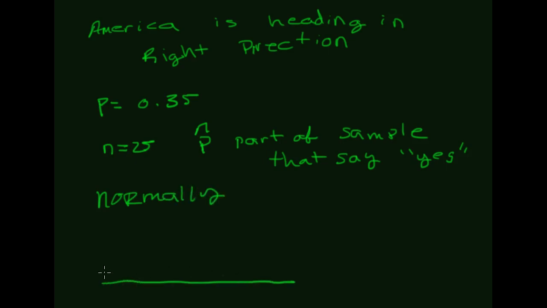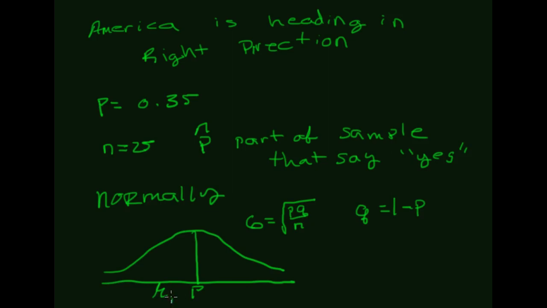And if they're all taken from the same population, then this is going to be centered at P with a standard deviation, and here's the tricky bit, of the square root of P times Q over N. And Q is, as always, 1 minus P. Okay, so these things are going to be normally distributed with a mean of P. So the mean of the P hats is going to be equal to the P of the population, that 0.35.